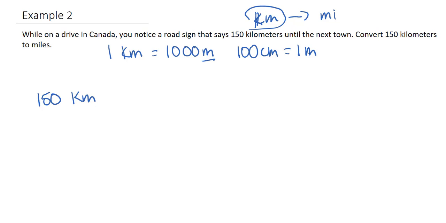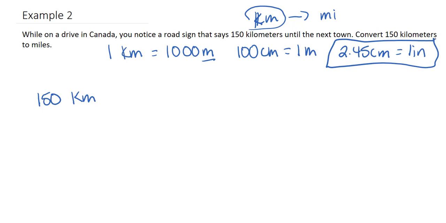The reason, and this is something you really should know, is that 2.54 centimeters is equal to 1 inch. This is our way to go from the metric system to our SI units. This is probably one of the most important conversion rates to know.